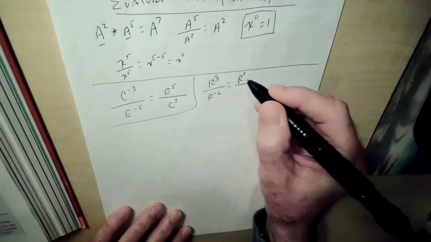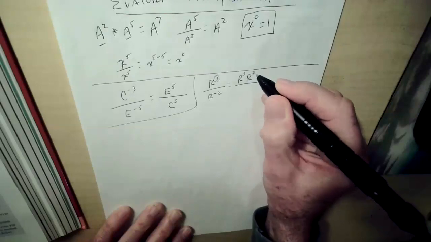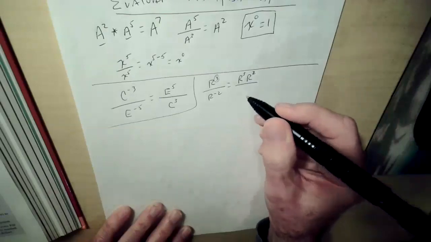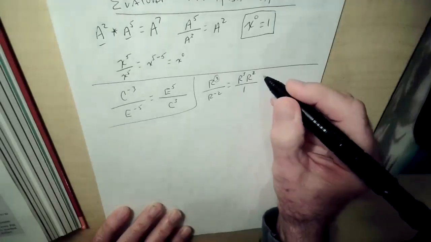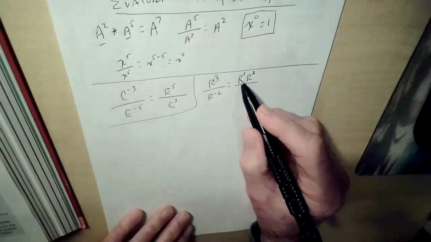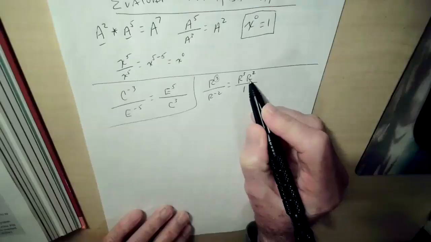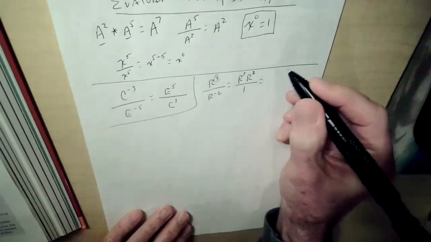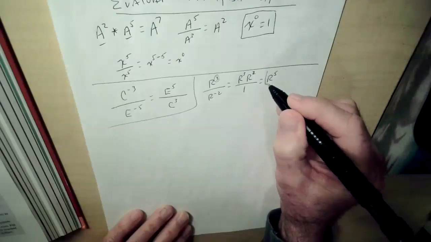Now, r to the minus 2 goes to the top and becomes positive. What's in the denominator? 1. You don't have to write that because it really doesn't mean anything. Remember, now we have two numbers with the same base number. So what do we do with the exponents? We add them. So that's r to the 5th.